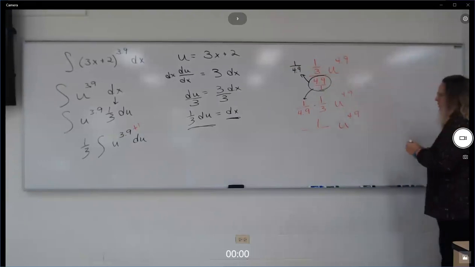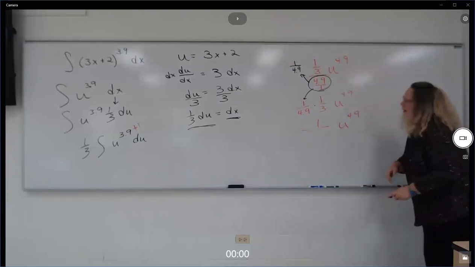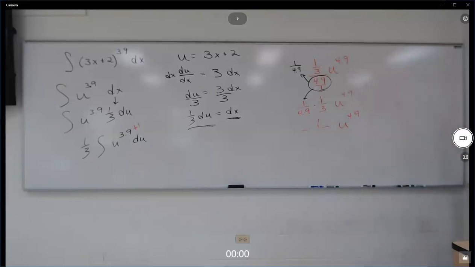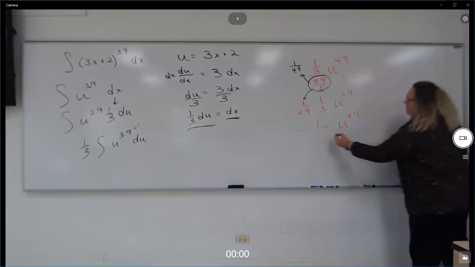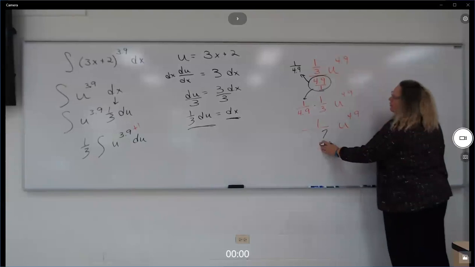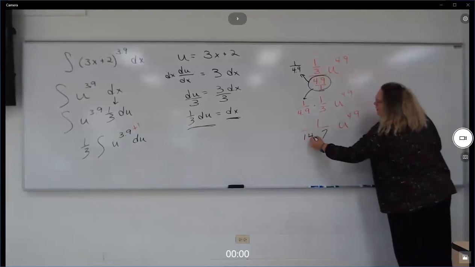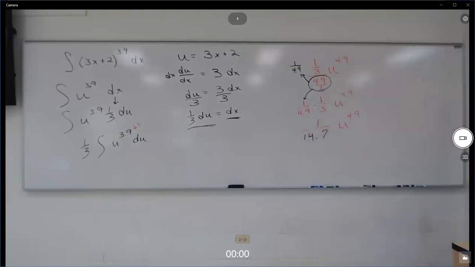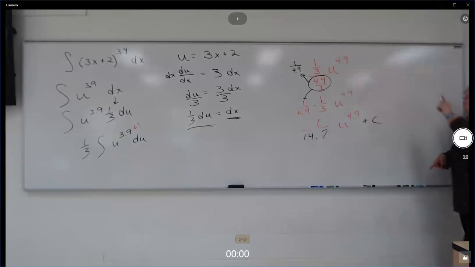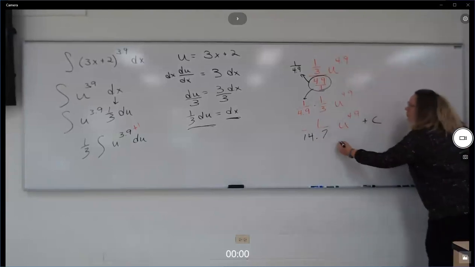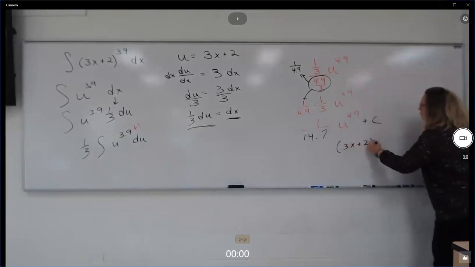Switch back to the black. I think it's easier to see the black. So that is what? 14.7. Okay, so now a couple things. Plus c, you have to remember plus c. We have to put back the u, so 3x plus 2.